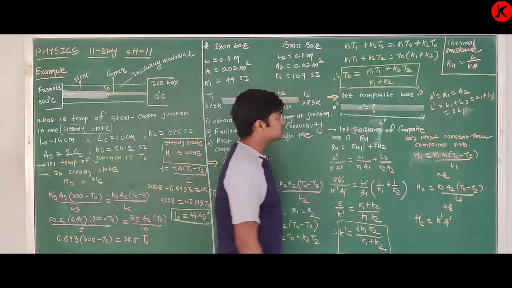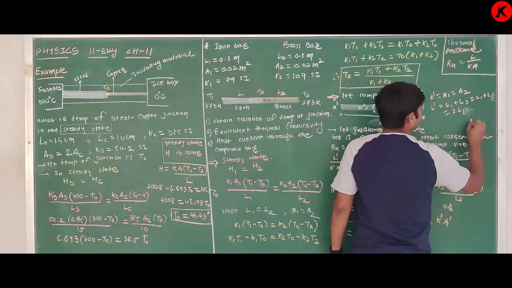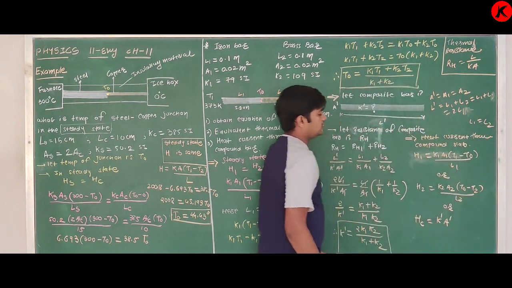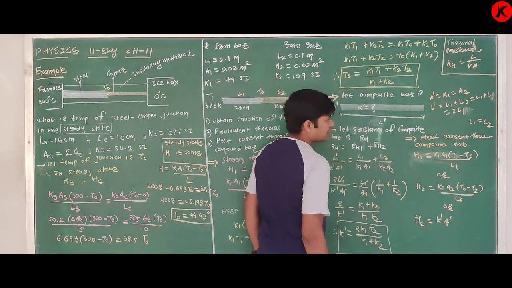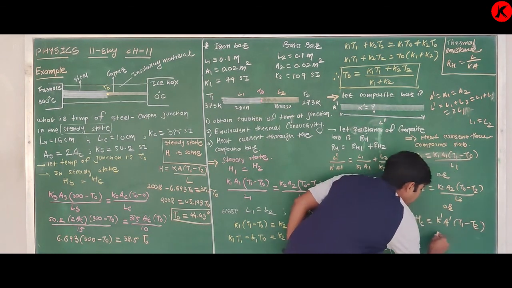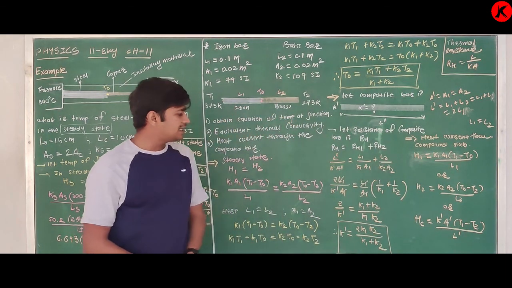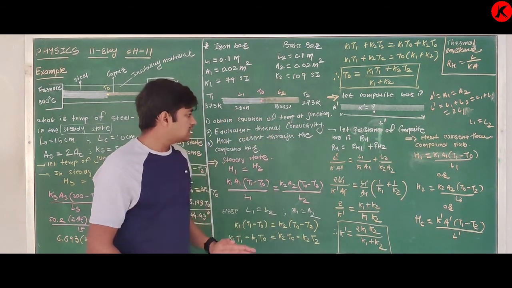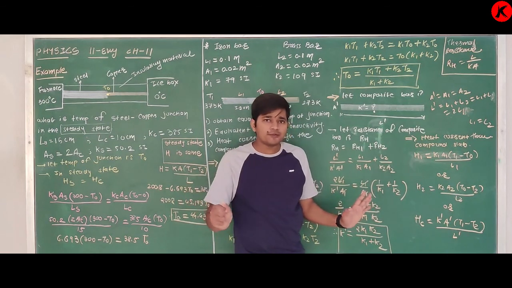We also have one relation, that is L1 is equal to L2. So remember this directly. Now H is equal to K dash A dash (T1 minus T2) divided by L dash. With the help of any equation, because now you have each and every value, you can find it.